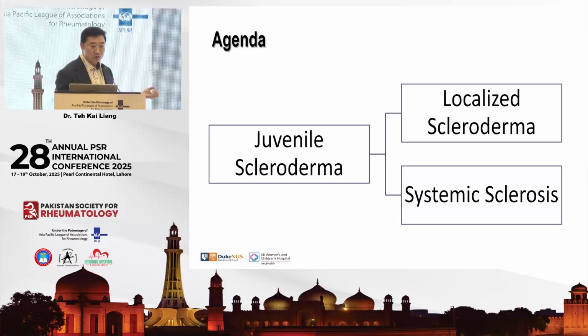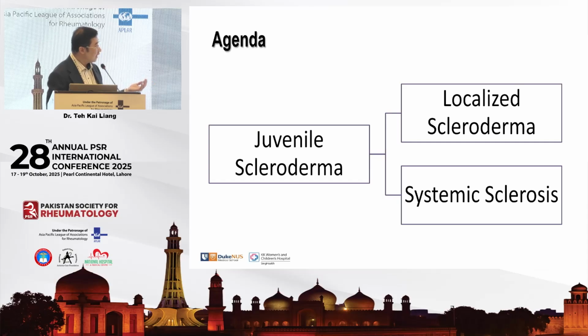I will introduce another rare disease, but you can change a lot in terms of the patient outcome. Okay, juvenile scleroderma is divided into localized form and systemic form. Since I was a fellow, actually 30 or 40 years ago, if you want to look at scleroderma in kids, as a pediatric rheumatologist or even adult, you see the localized form 9 times compared to one of the systemic sclerosis or scleroderma like adult, the systemic form.